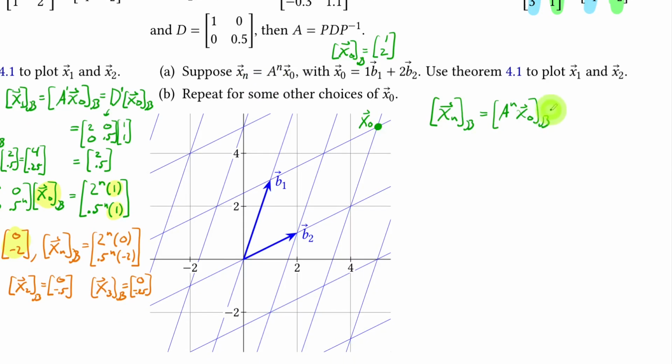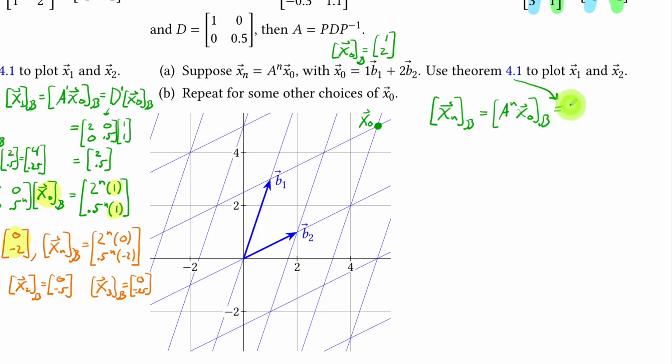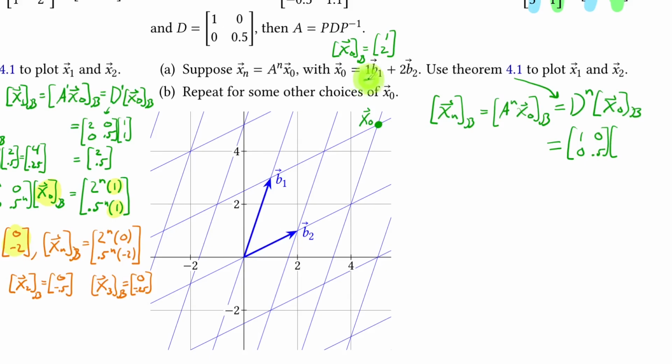But now, using the theorem, this is equal to D to the power n times the B coordinates of x0. Now, we know what D is. It's right here. It has columns 1, 0, and 0, 0.5, like so. And the B coordinates of x0, we see why those are 1 and 2. Oh, I forgot the power n here. Whoops.